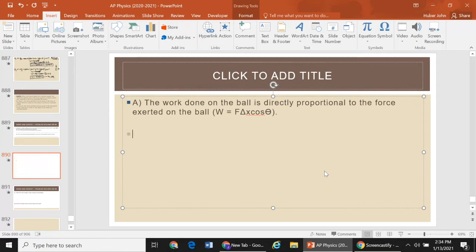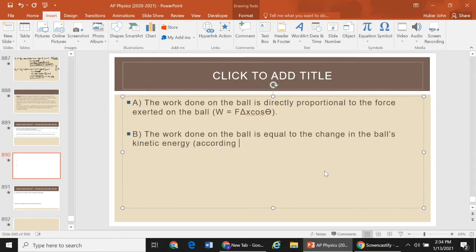Part B, on the other hand, is a little more complicated because it says, what is the relationship between the work done on the ball and the speed of the ball? And I think this question is important because it highlights basically the only 2 ways you need to ever think about work. The first way you should think about work is that it's just F delta X times cosine theta. The second way you should be thinking about work is that the work done on the ball is equal to the change in the ball's kinetic energy.